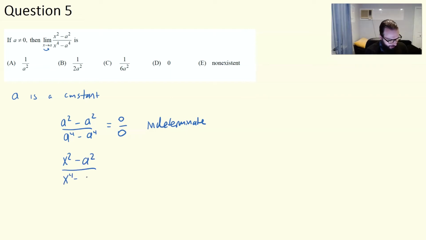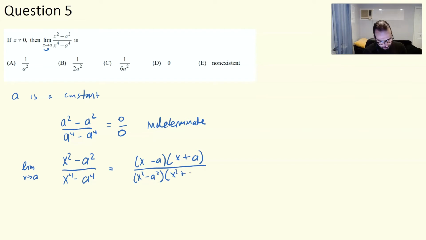So if we factor the top here, we'll go back to x squared minus a squared over x to the 4th minus a to the 4th, the limit as x approaches a. If we factor the top, we're going to get x minus a, x plus a. And if we factor the bottom here, we're going to get x squared minus a squared, x squared plus a squared. These are both differences of perfect squares.